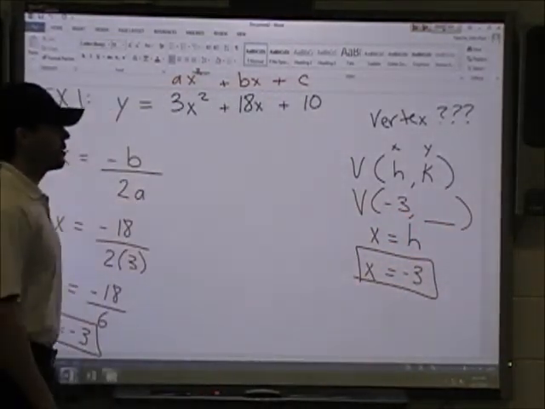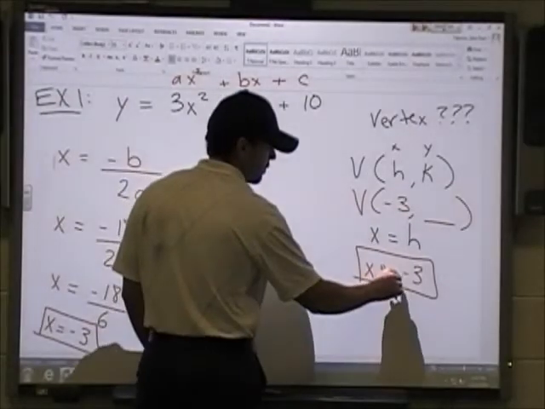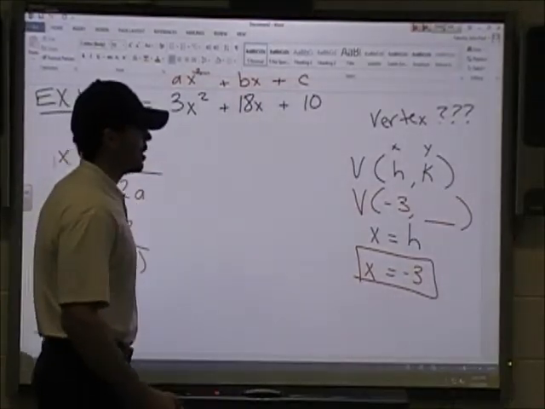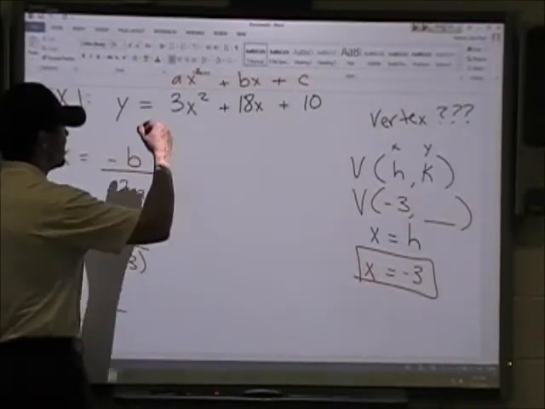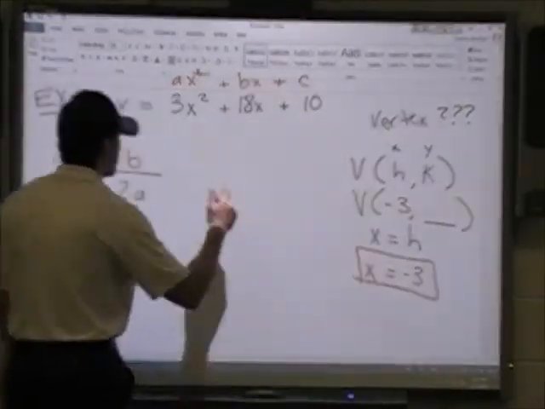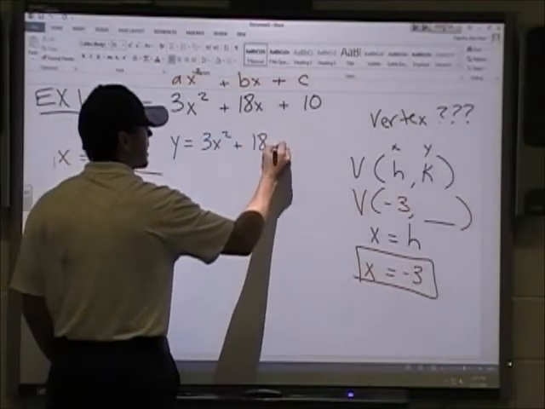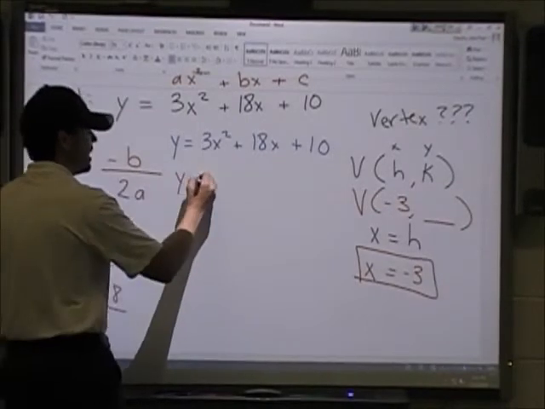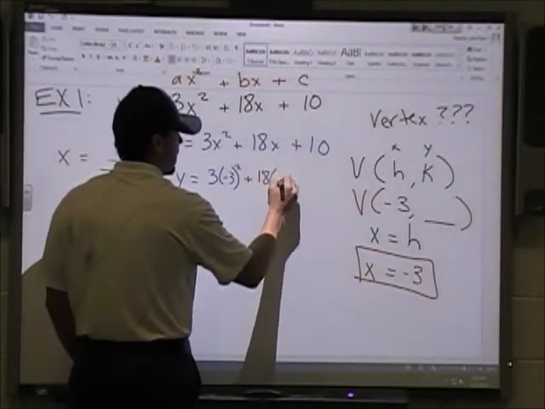Now how do we figure out the height of that vertex? Very simply, if you already know that the vertex is located at x equals negative 3, all we have to figure out is what the height is of the vertex at x equals negative 3. So we can simply use y equals 3x squared plus 18x plus 10, the original formula, and plug in x equals negative 3.